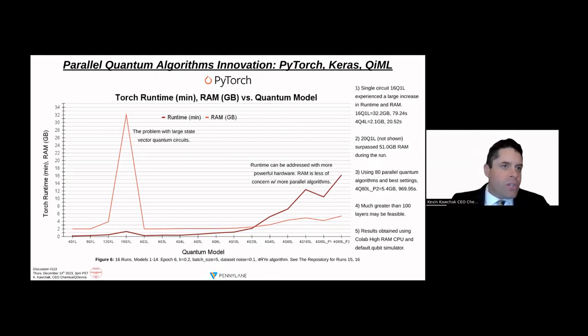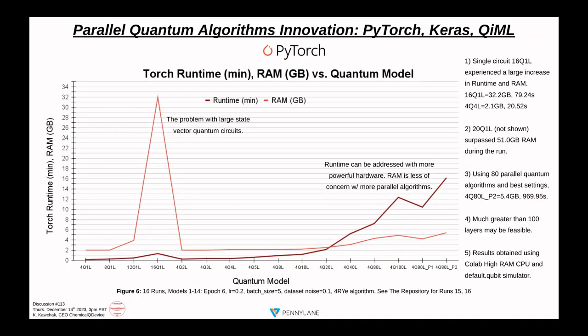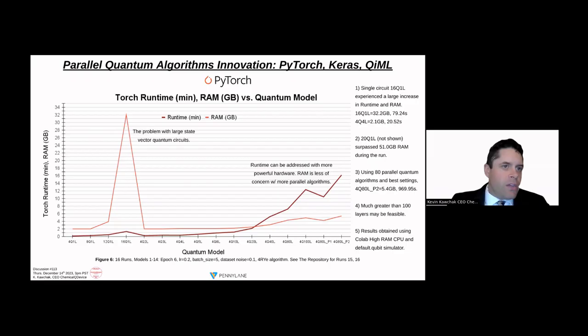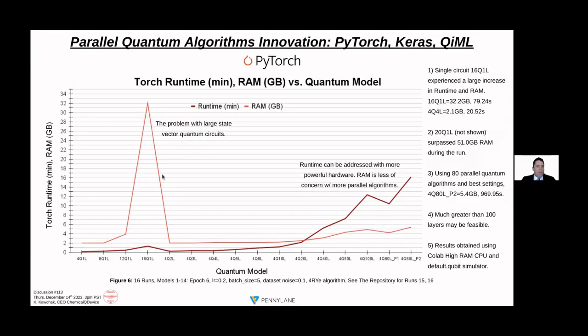And then you also see here that the runtime's not terrible, it's not too bad for the 16 qubit, but those 16 effective qubits can be accessed with a 4 by 4 parallel circuit, and get a fraction of the time and exponentially less RAM.